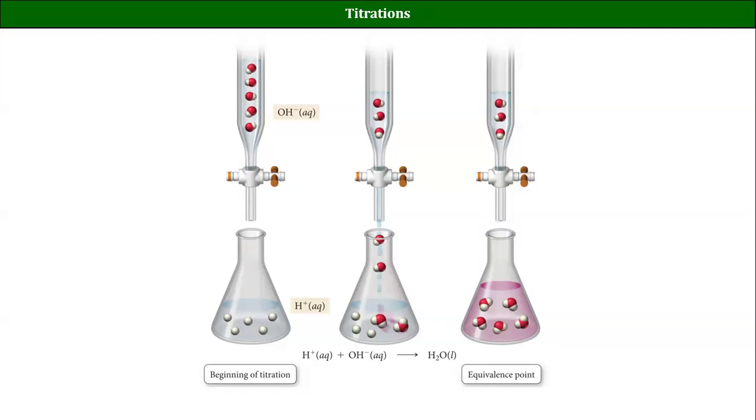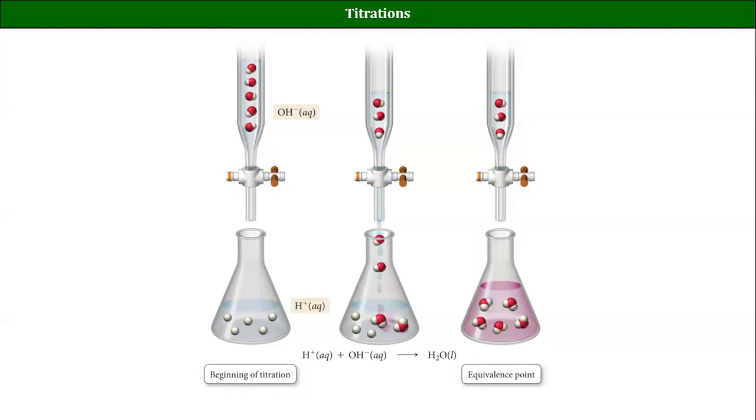The whole point of the titration is that we're going to stop when we get to what's called the equivalence point. At the equivalence point, you've added just enough hydroxide so that all of your acid is used up. And if you knew your starting concentration of the hydroxide and you know how many milliliters you used, we can use that to figure out how many moles of the acid had to be in there.